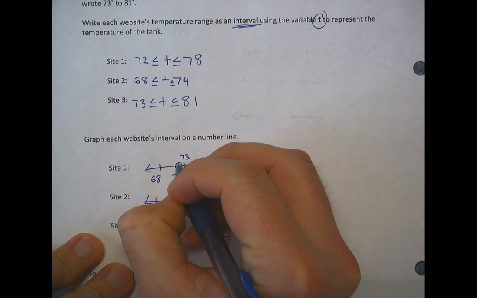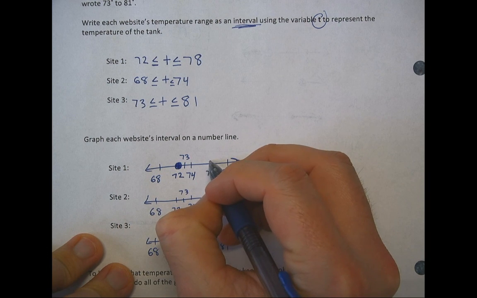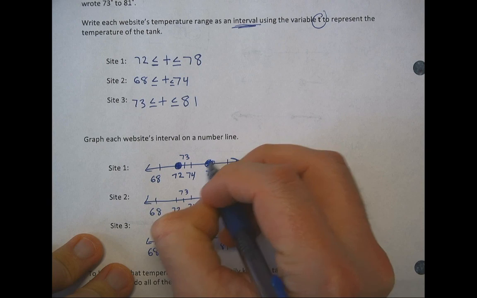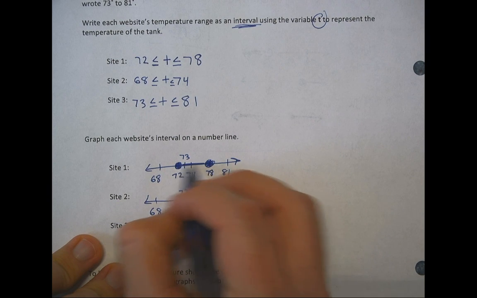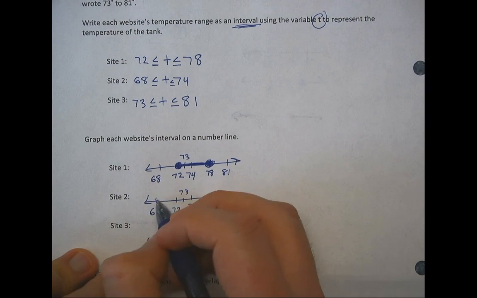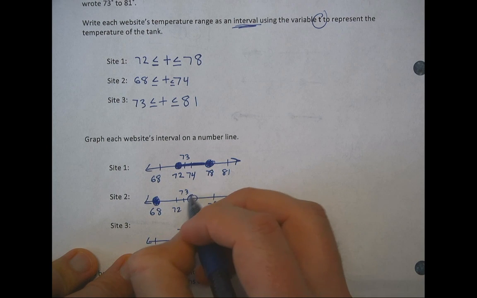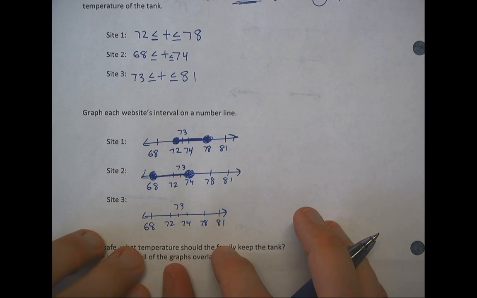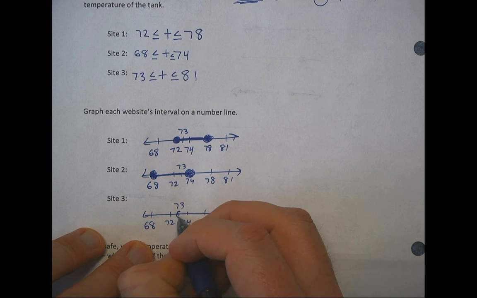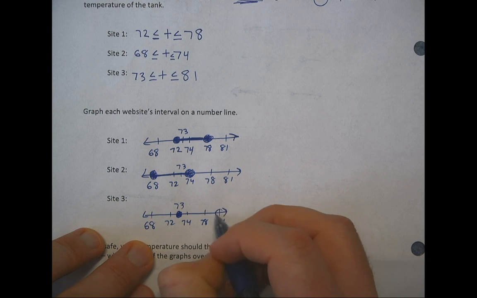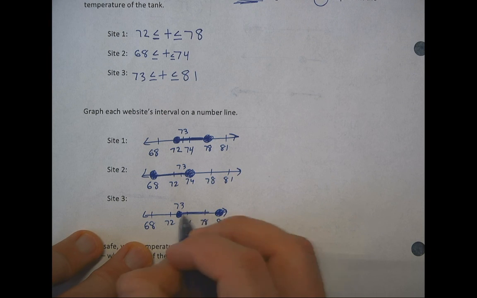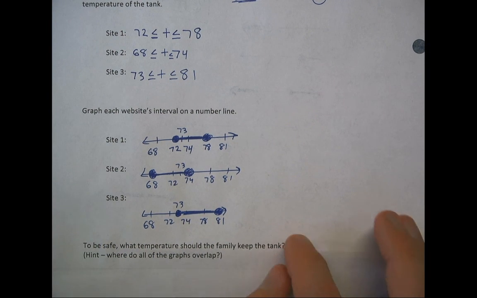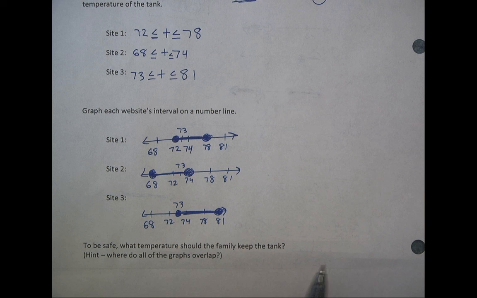So it includes 72, and it includes 78, and everything between it. Site 2, same idea, but goes from 68, including it, up to 74, including it. And last but not least, site 3, it's going to go from 73, including it, up to 81. So there's our three different sites. So now answer the question. To be safe, what temperature should the family keep the tank at?